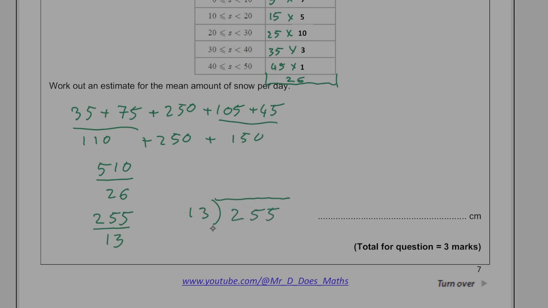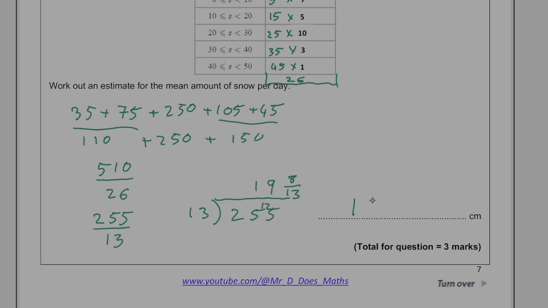255. So 13's going to 25 fully once with 12 left over. Right, and that's going to go in 9 times because 130 would be 10, so it's 5 less. So that's going to go in 9 times, and we're going to be left with 8. So it's going to be 8 over 13.